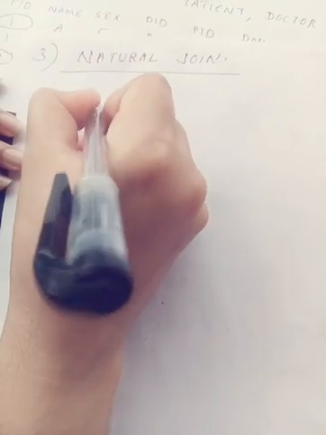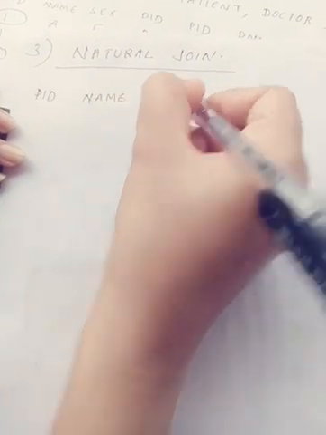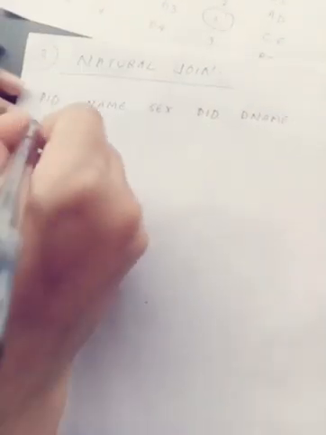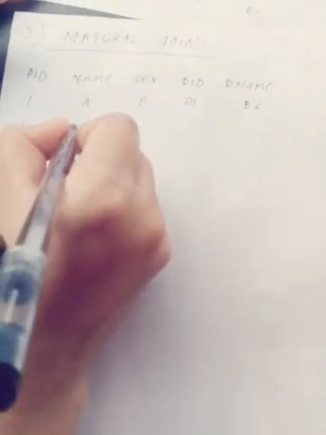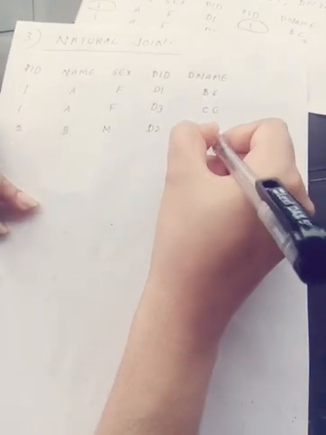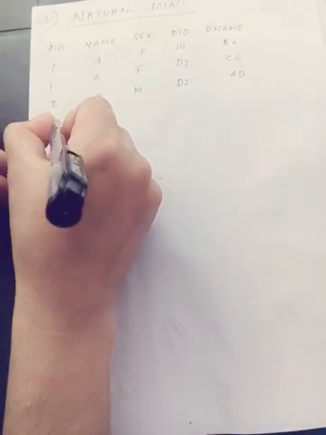So your natural join result is PID, name, sex, DID, DName. 1 A F D1 BC, 1 A F D3 CE, 2 B M D2 AD, 3 C F D4 BC.